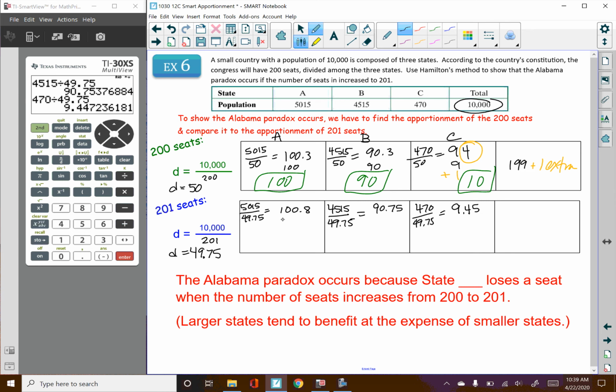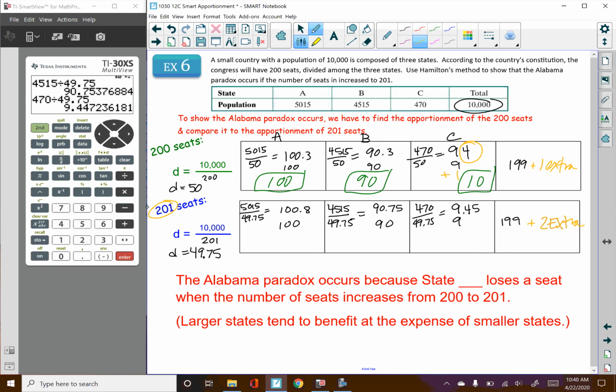Rounding down to get our minimum quota, we have 100, 90, and 9, the same minimum quota as before. If we add those minimum quotas up, we get 199. In this case, though, we have 2 extra because we have 201 seats.